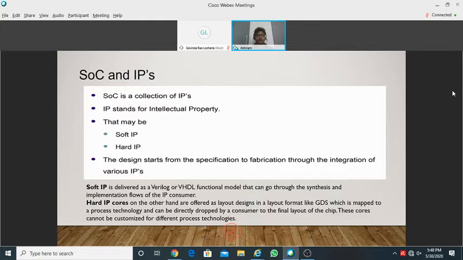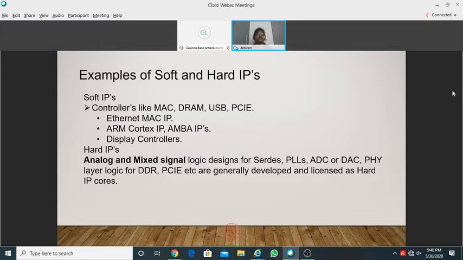Okay, going to the next slide. I'm just classifying here what are soft IPs and what are hard IPs. So mostly, from any application point of view, any controller, for example, an Ethernet MAC controller or a DRAM controller or a PCIe or a USB, any controller will mostly be a soft IP, complying with the specification.